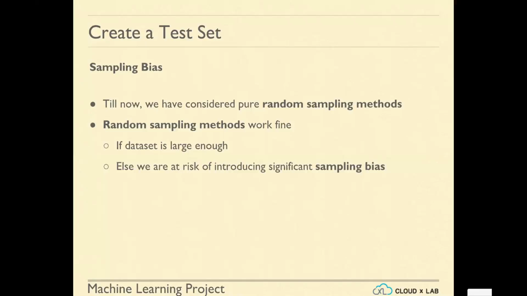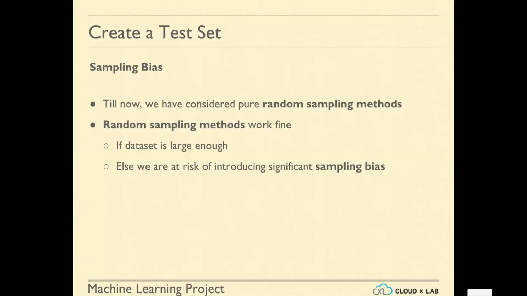Next, we are going to understand how to properly sample the data, so that we do not end up with something called sampling bias. Right now we used random sampling, and random sampling works fine if the data set is large enough. Otherwise, we are at risk of introducing significant sampling bias.